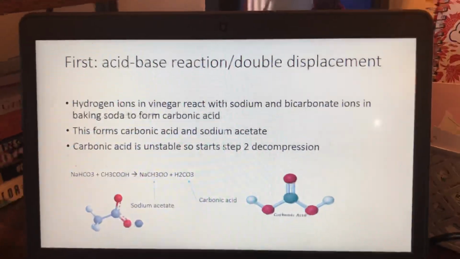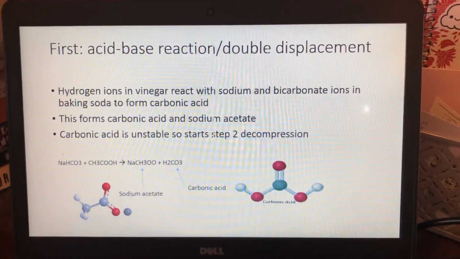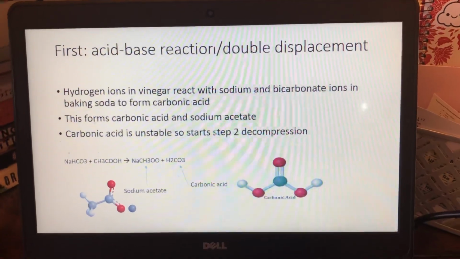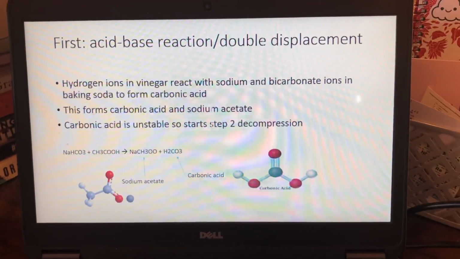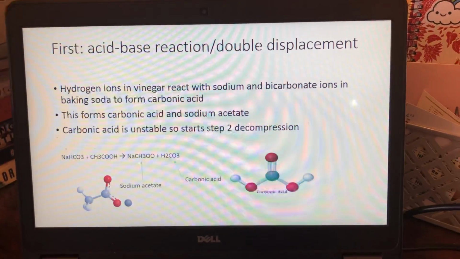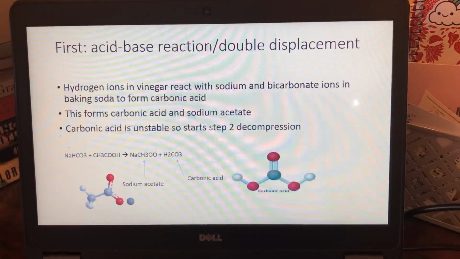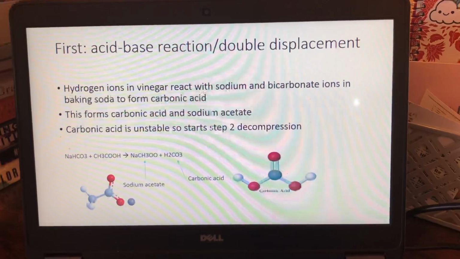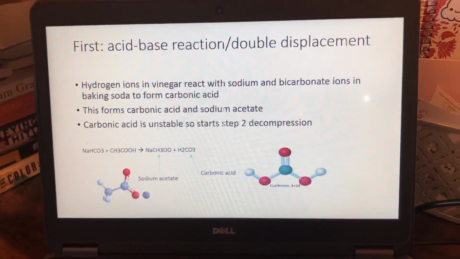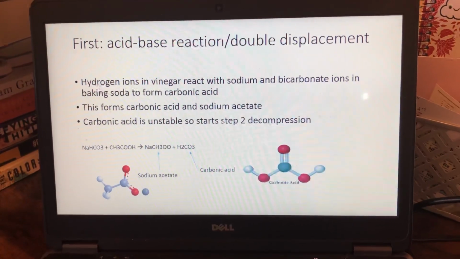Okay, so the first thing that happens is the acid-base reaction and double displacement. So the hydrogen ions in the vinegar react with the sodium and bicarbonate ions in the baking soda, which form the carbonic acid. So therefore, this forms carbonic acid and sodium acetate.